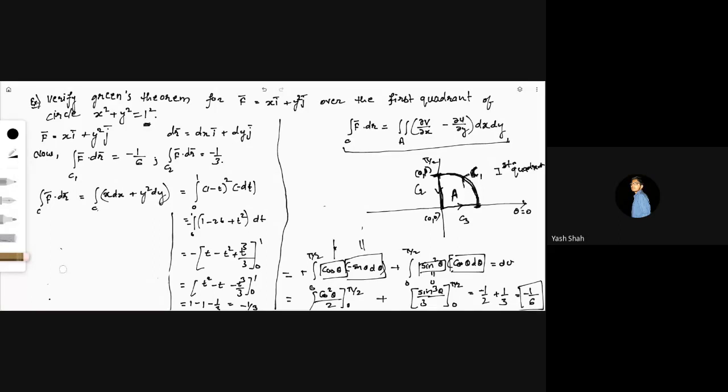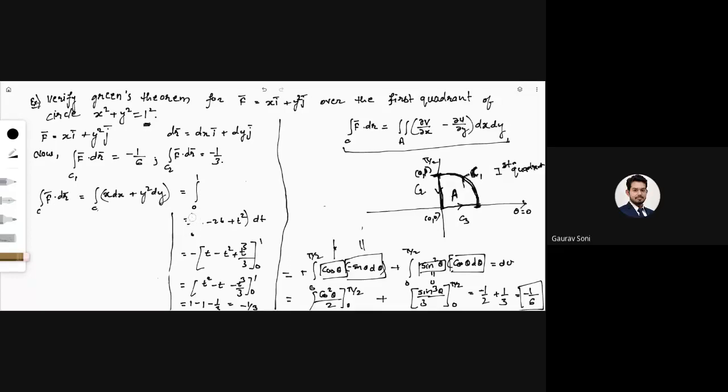Now what is C3? I'll make the change here, C3, and I'll change all the substitutions. What is C3? Can anyone speak out? It is a line, x equal to 1, y 0.